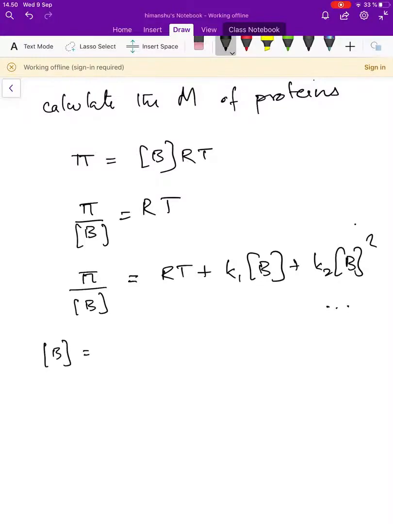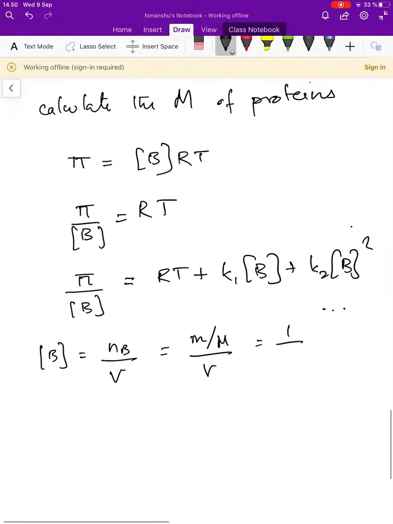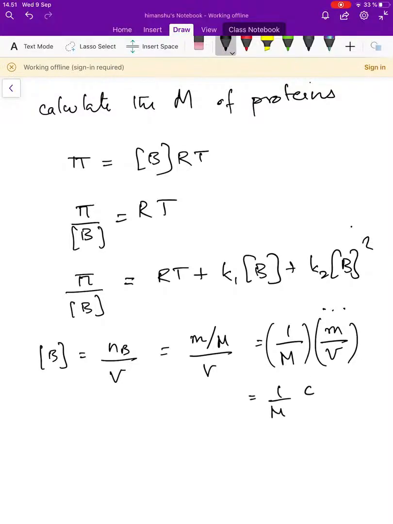Now, the concentration in terms of molarity is the number of moles of solute per unit volume of solvent. The number of moles is equal to the mass divided by the molecular weight, divided by the volume, and this is equal to 1 divided by the molecular weight multiplied by mass divided by volume. So remember, I'm writing this as 1/M multiplied by c.